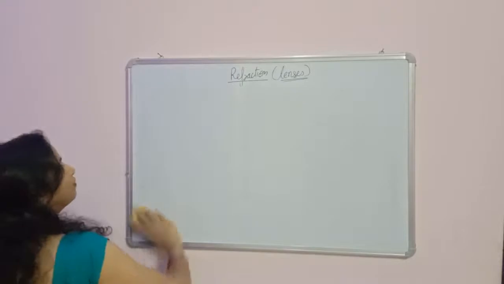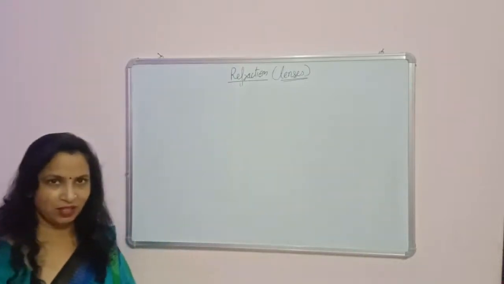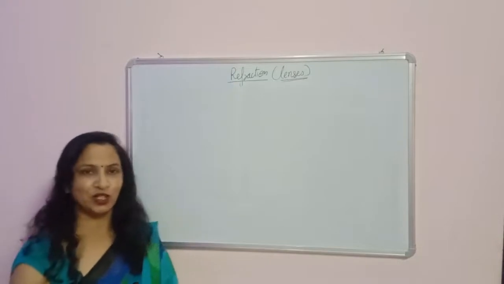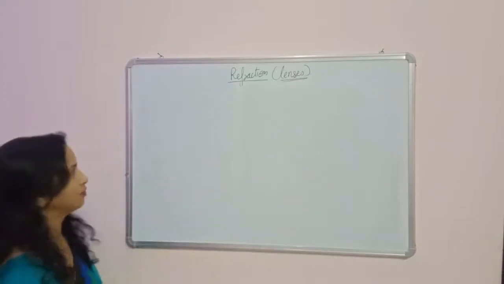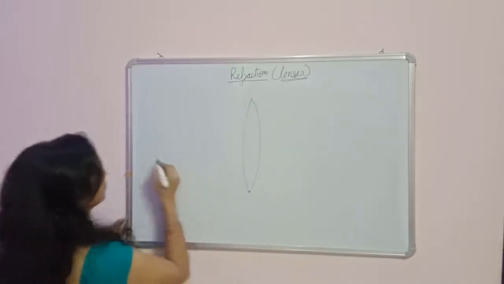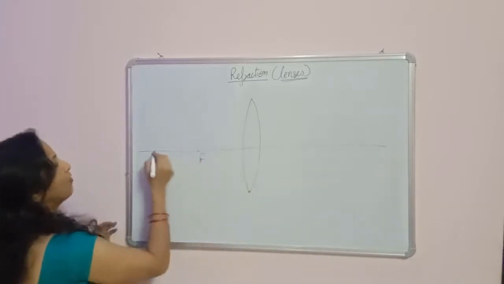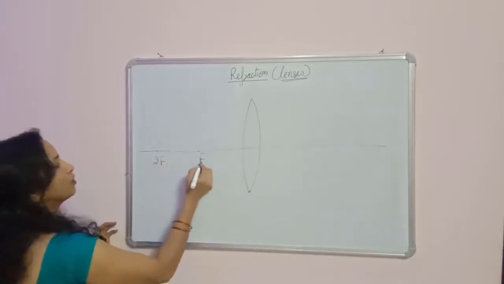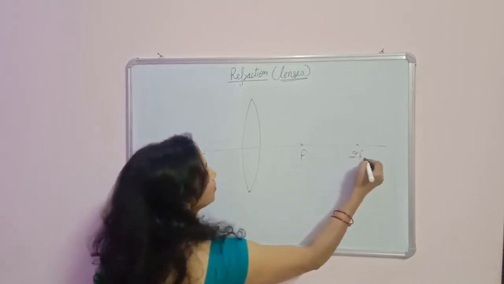When we place the object beyond 2f, the image is formed between f and 2f. Or this is vice versa actually. When we place the object between f and 2f, the image will form beyond 2f. Like this is a lens. This is f and 2f and f and 2f.